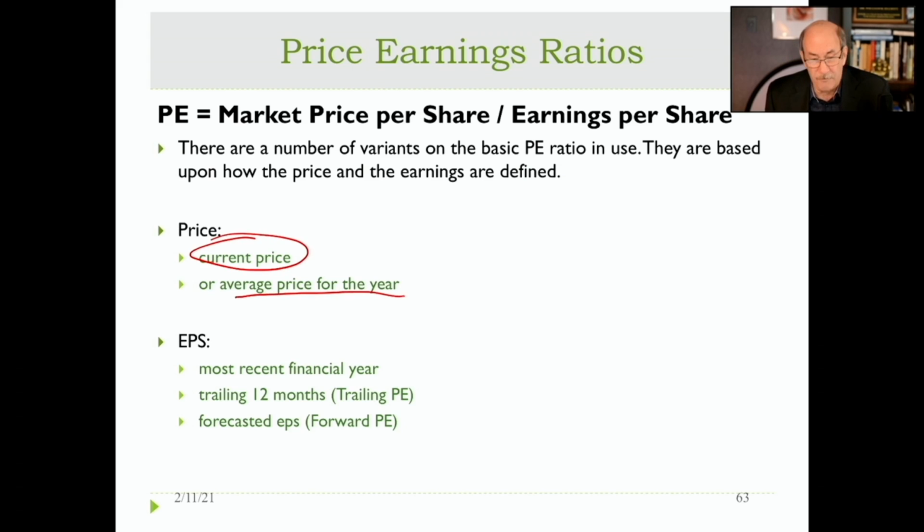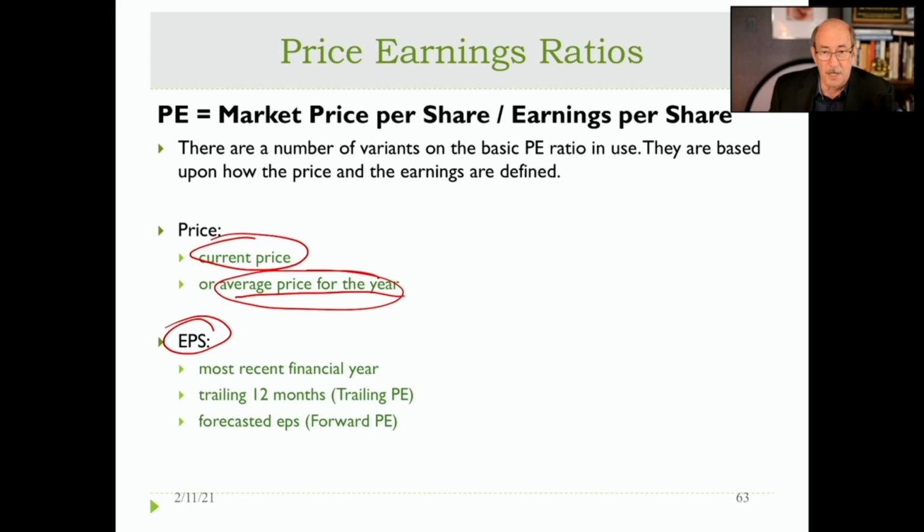It could be the average over the course of the year. Why the average, you might ask? Well, because actually the earnings occur over the course of the year. Why are we taking a snapshot of price? All right. So some could argue that this is a more accurate measure of price.